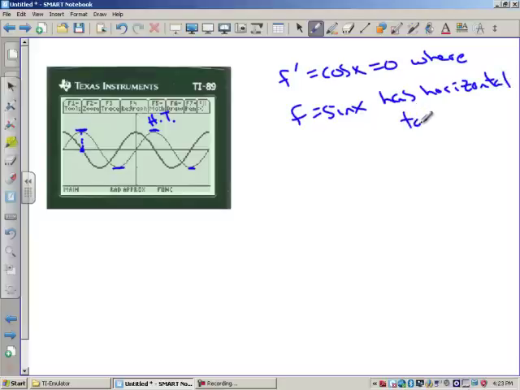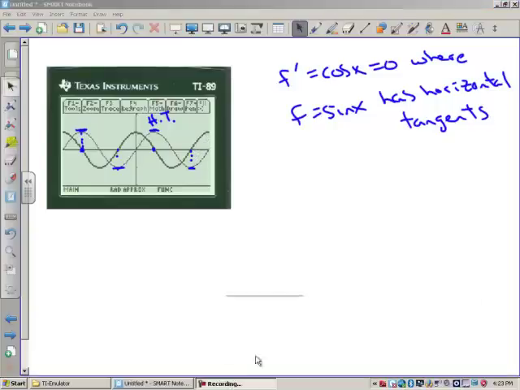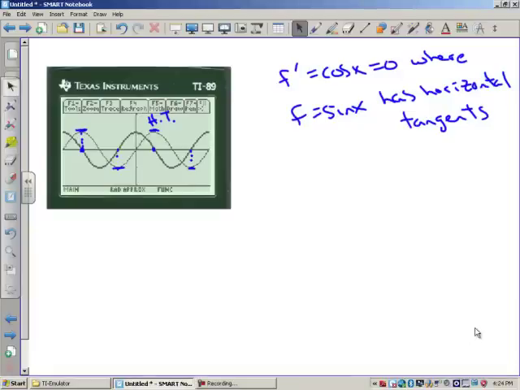Very important thing for us coming very soon. We're going to want to know what this means when a graph has horizontal tangents, and this connection to the fact that its derivative is always 0 everywhere you've got horizontal tangents. Okay, so that's one geometric interpretation of why.